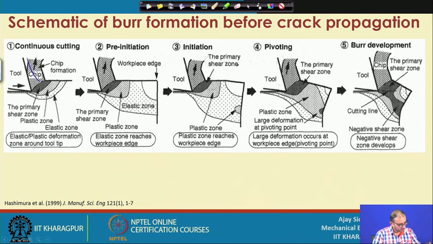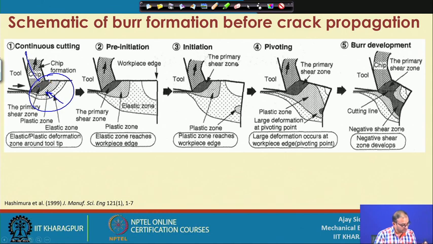Right, so this is the chip formation, no problem in that, and this is the primary shear zone, this is the plastic zone, and this is the elastic zone. When your tool tries to penetrate into the workpiece material, you get a small deformation ahead of the tool movement. There is a deformation of the material inside the material, which facilitates material removal.